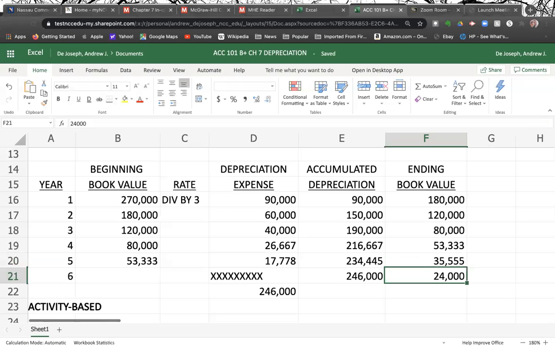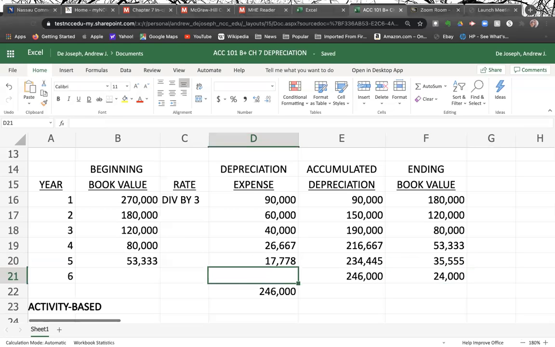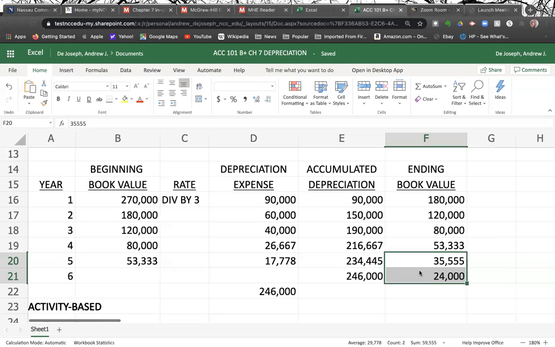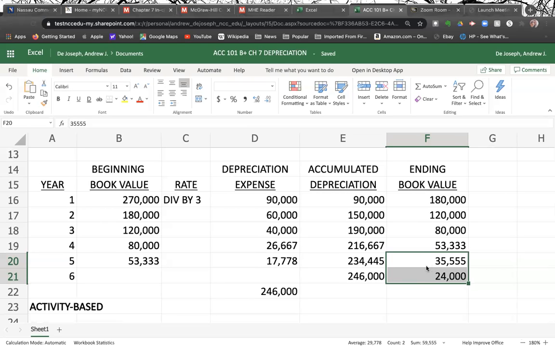Okay. All right, so now we have to come up with a number here that makes this add up to 246. Or I could compare the difference between these two numbers, 246 and 234,445, or the difference between these two numbers, 35,555 and 24,000, which I think is probably the easier one to do, right?